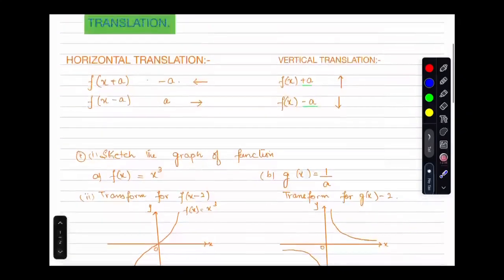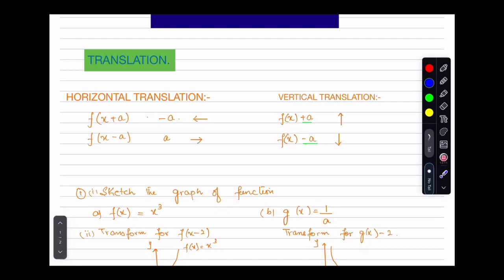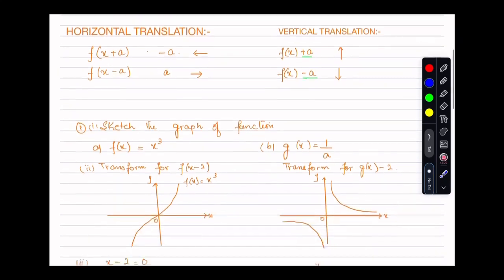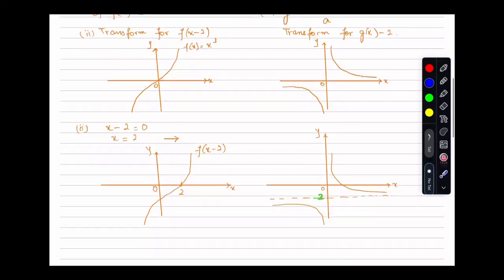And this is what we discussed earlier: if it is f of x plus a, I should be translating it in the negative horizontal direction. If it is x minus a, translated in the positive x direction. So here it says x minus 2, meaning I shall be shifting it towards the right by 2 units. From the origin, shifted 2 units, and this is how the same f of x equals x cube graph shall be for f of x minus 2.